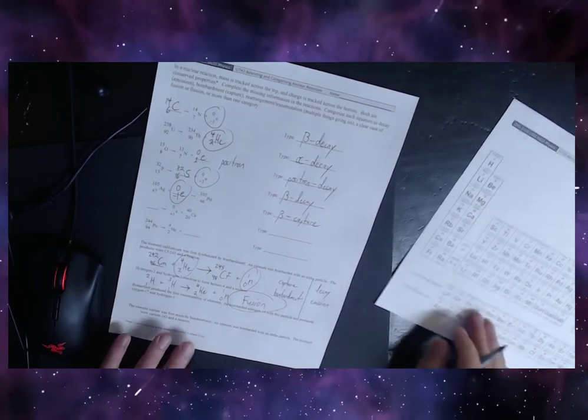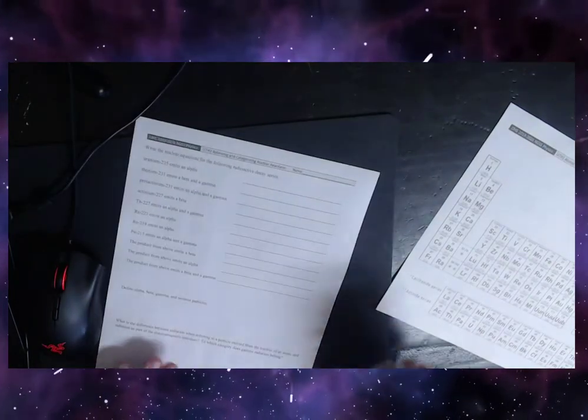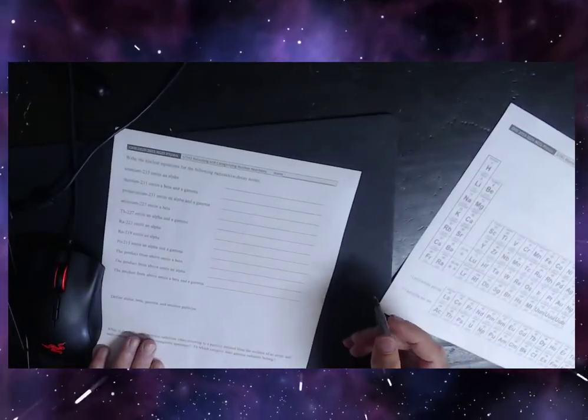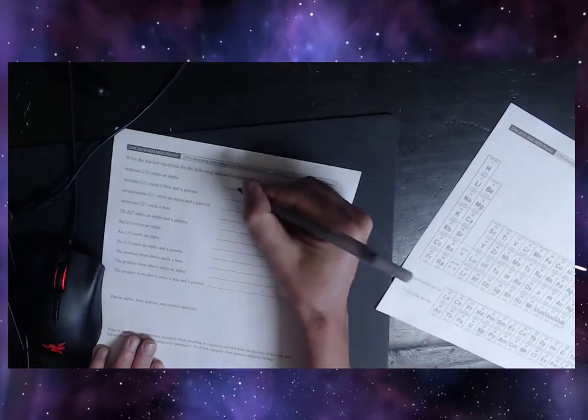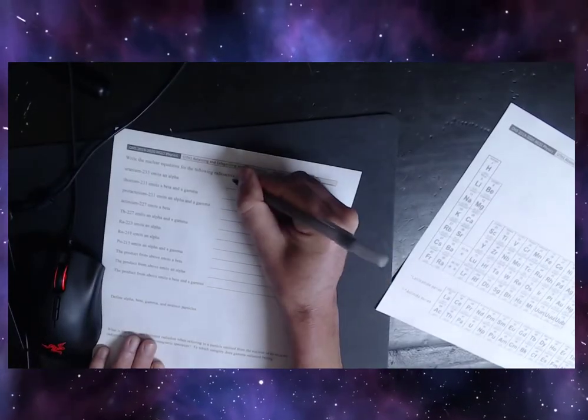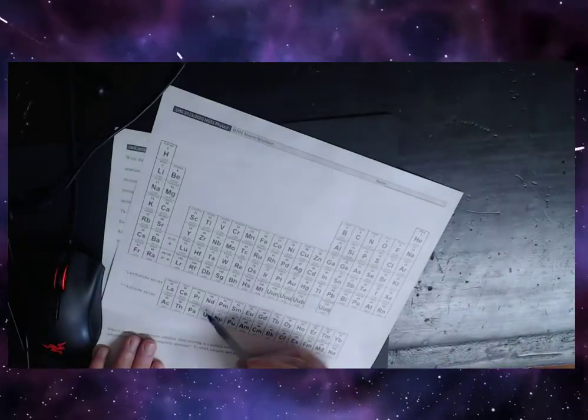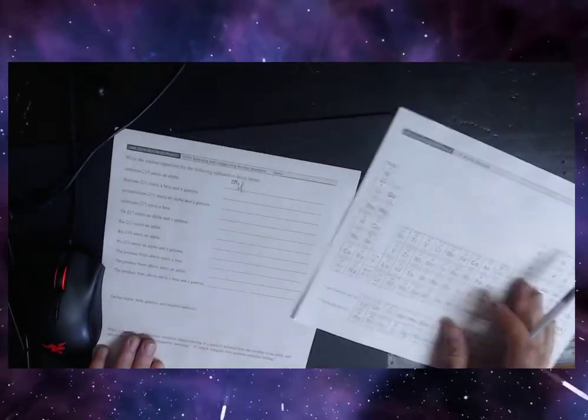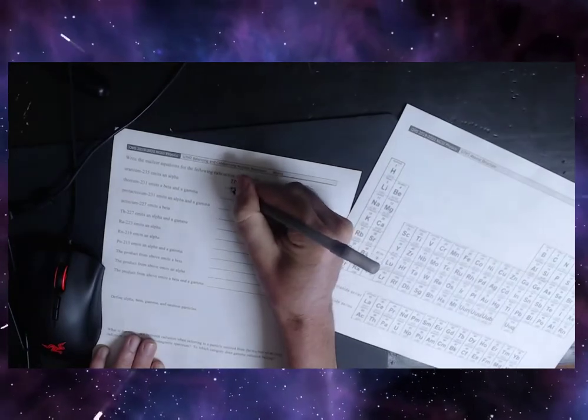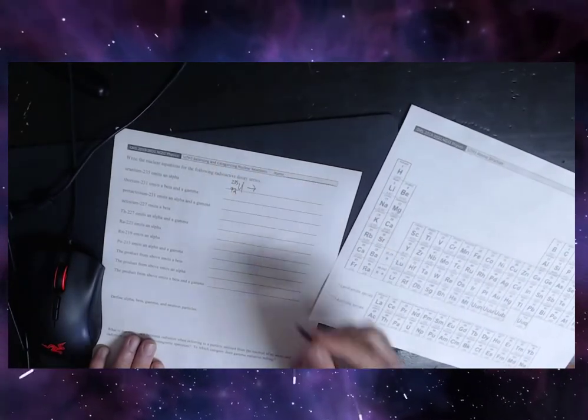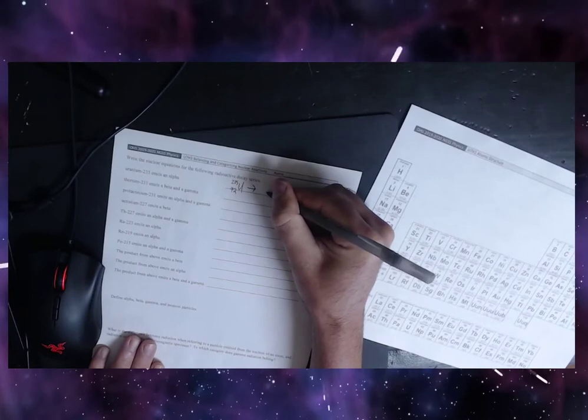Alrighty. On the back of this, there is a decay chain. I'll get you guys started on this. Uranium-235, and I have to look up uranium, and it says 92 for its atomic number. It emits, so now I put my arrow, an alpha particle.